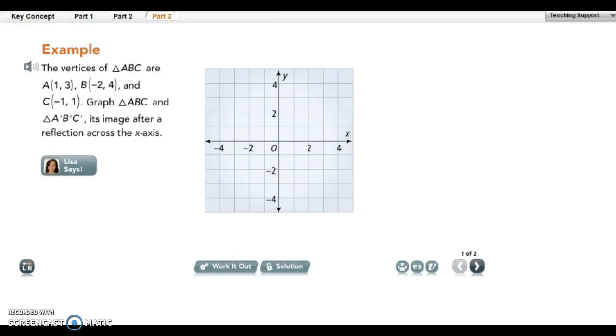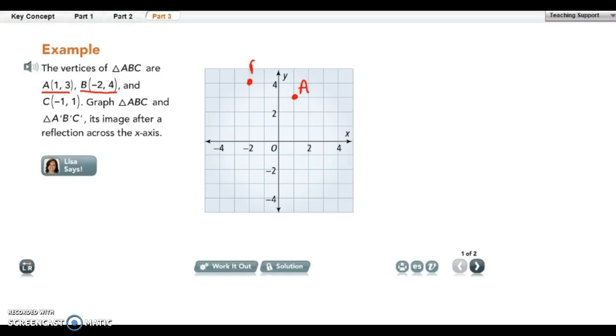Okay, for part 3, it talks to us about the vertices of A, B, and C, and it gives us the coordinates. So we're going to go ahead and plot those. The coordinates of A are 1, 3, so we're going to go over 1 and up 3. We're going to go ahead and label that as A. For B, we're going to go over -2 and up 4.